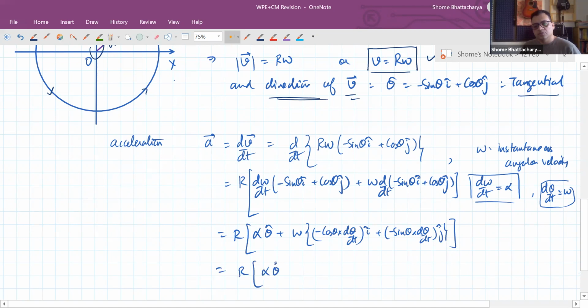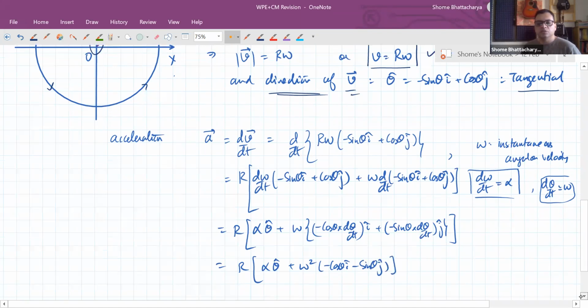So this term therefore now becomes this, which we can see is the negative radial unit vector.